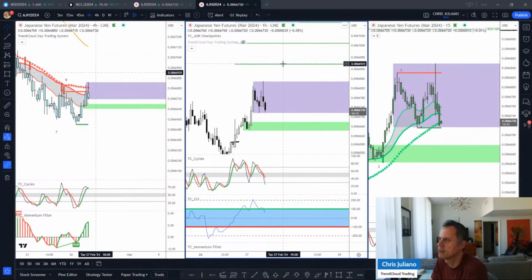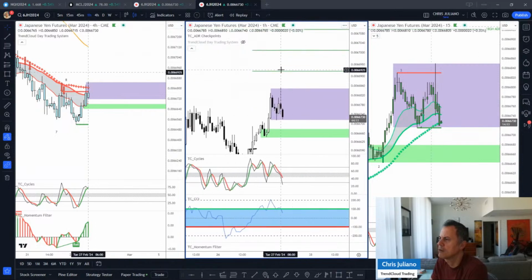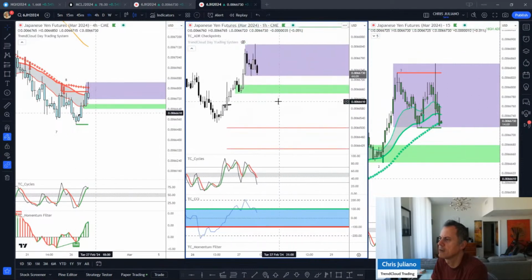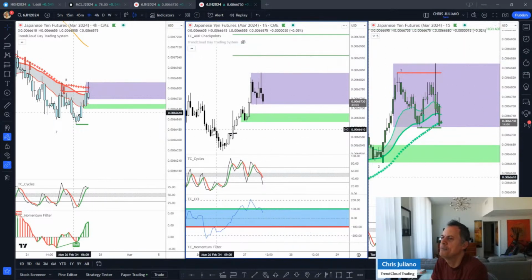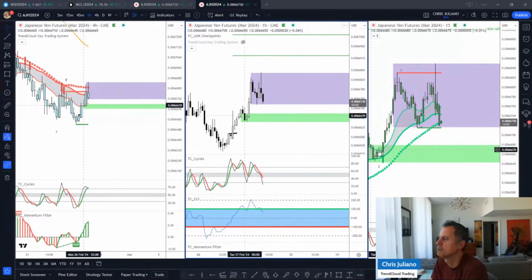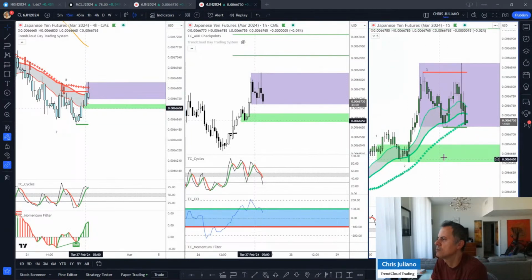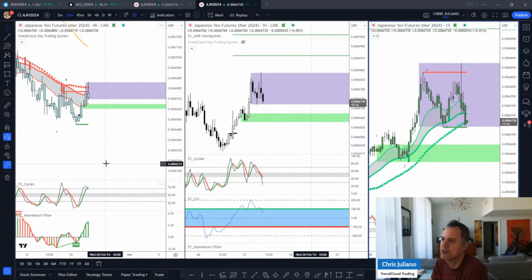ADR checkpoints, right? We are almost there for the day. So what to do? Do we wait for this level here? Top of the cycle.